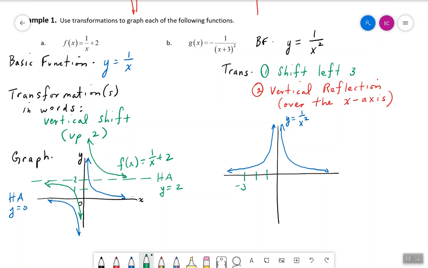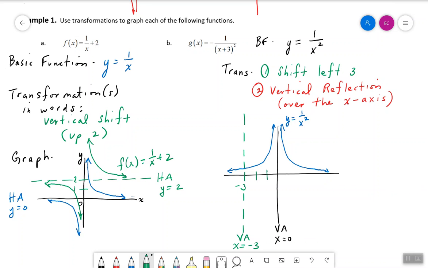Yep. And can you guess what I'm going to draw first on the new graph? I'm going to draw the vertical asymptote. The vertical asymptote was at x equals 0. And now, since it got shifted 3 units to the left, it's at x equals negative 3. So there's a vertical asymptote at x equals negative 3.